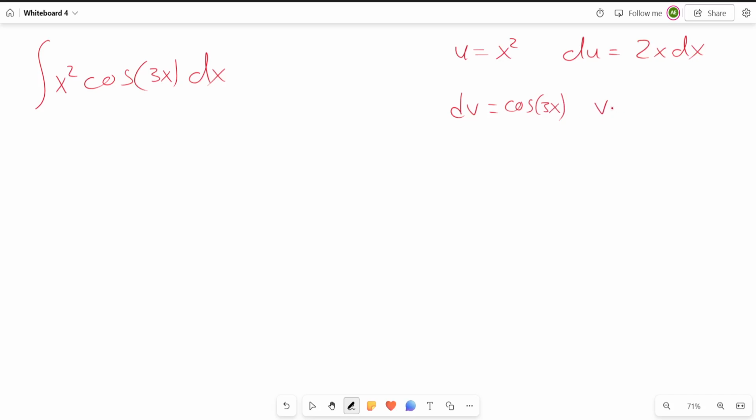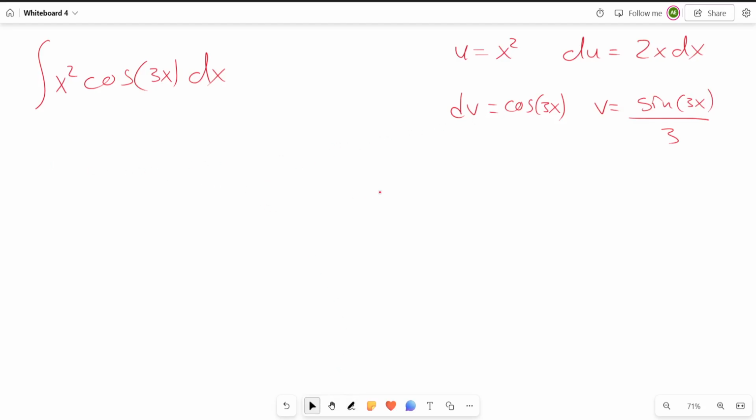That makes our v basically the integration of cosine 3x, which is going to be sine 3x over the differentiation of what's inside. Differentiation of 3x is 3, so it's over 3. Okay? Let's now use our equation in order to solve.